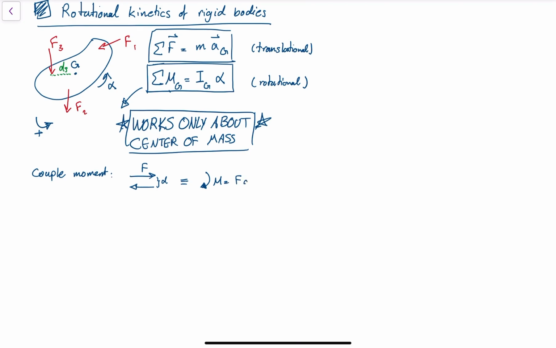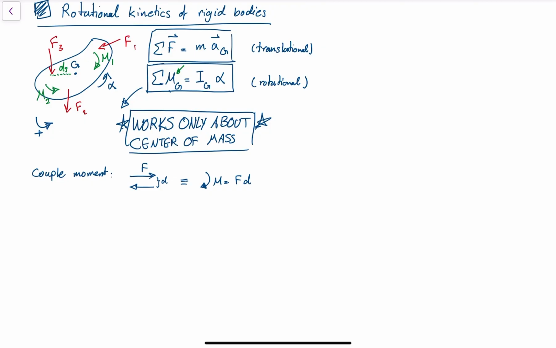That one is F times d, its magnitude is that much. These couple forces don't show up in translational equations because the two force vectors cancel each other out, but their rotational effect persists. So when calculating the total moment, you also have to take into account these external pure moments in your calculation. They add up in the total moment.